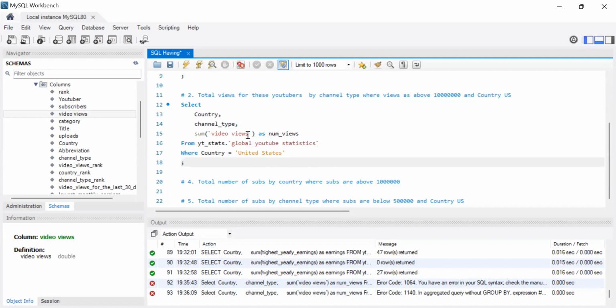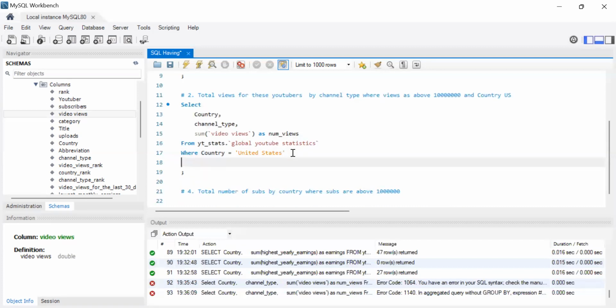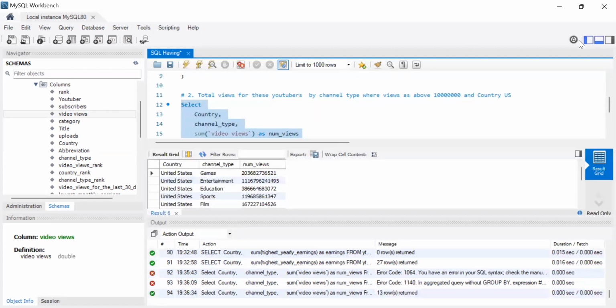What I said earlier, you can't combine an aggregated column with a non-aggregated one. So what we're going to do first is group by 1, which is country. Then we're going to group by 2, which is channel type. Let's run this and see what happens.